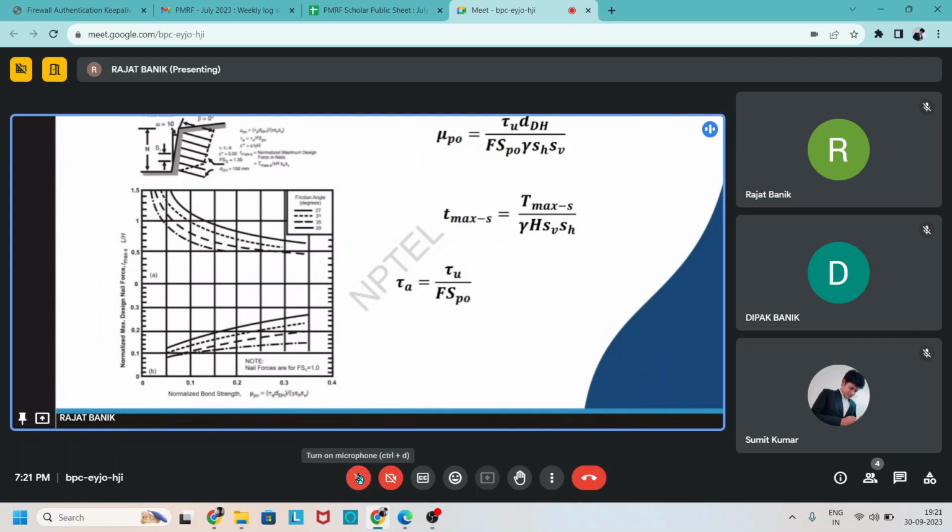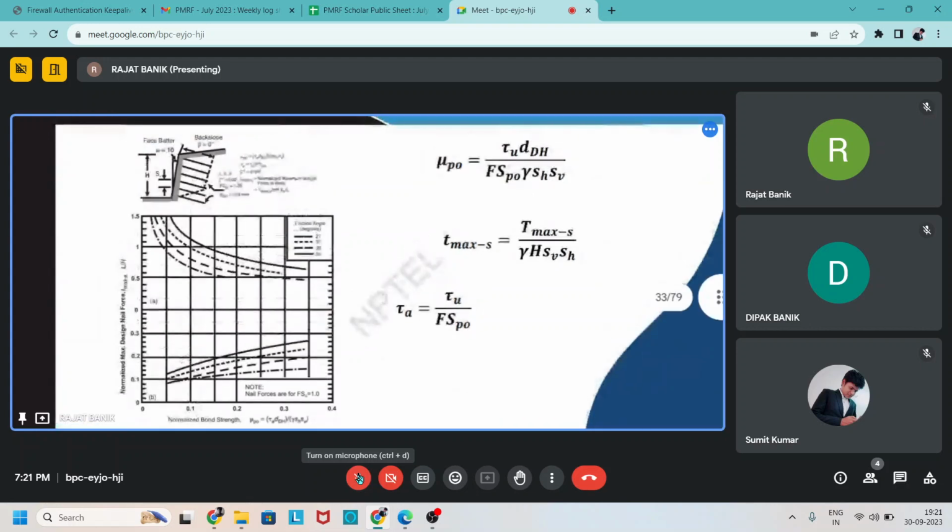After finding this tau a, from this chart for different angles, that means 27 degree, 37 degree, 35 degree, or 39 degree, we find out the L by H and tau, TS, that means the normalized maximum nail force.